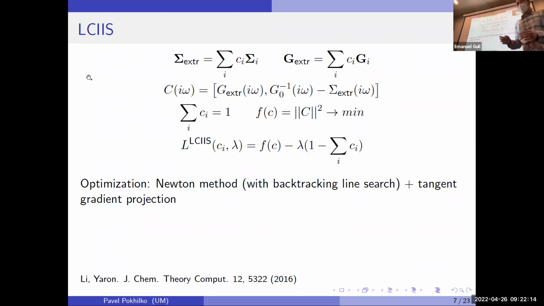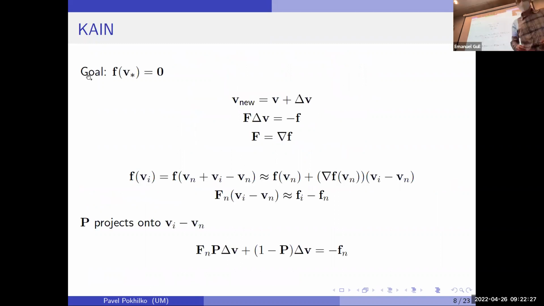So Kane formulated it somewhat differently. It is formulated not in terms of objective functions, but in terms of an approximate Newton method.